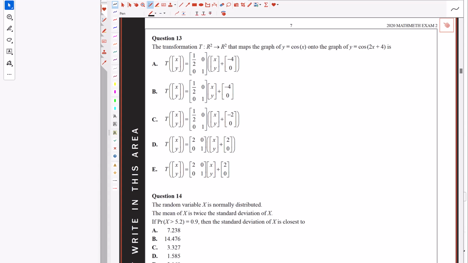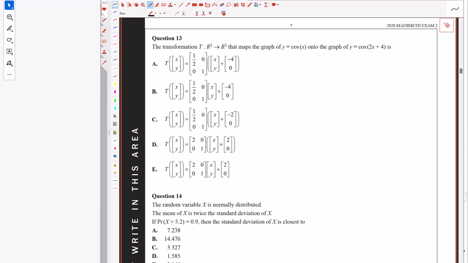The options might be a list of transformations, like dilation by a factor of whatever from the x-axis followed by translation, whatever. I tend to rewrite these, and the Cambridge textbook has kept the matrix questions and just changed the notation.